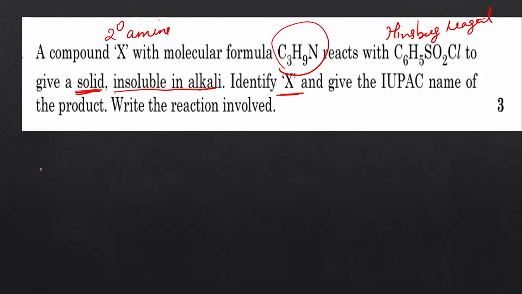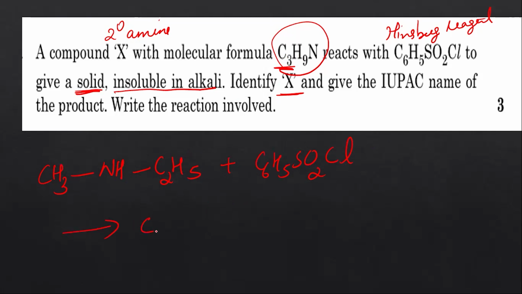Let us do the reaction. CH3NHC2H5. So 3 carbons, and 9 hydrogens: 3, 4, 5, 8, 9 hydrogens. Then it is treated with C6H5SO2Cl, Hinsberg reagent. You will get a product. What is that product?